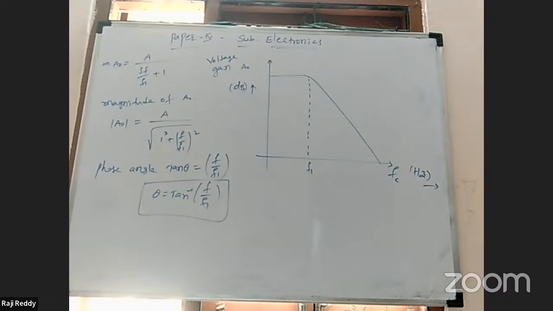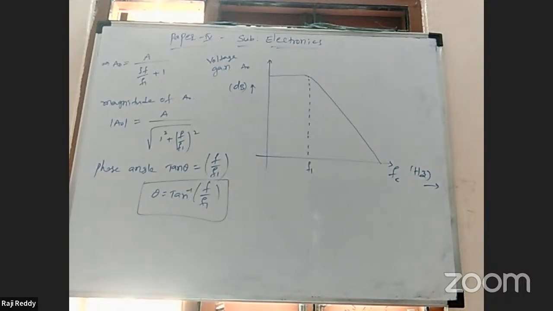In the closed loop frequency response condition, we have to remember the previous open loop frequency response voltage gain A naught value, that is A naught is equal to A by 1 plus j into f by f1. We have to remember that, and substitute that value here. Directly we'll get the answer.